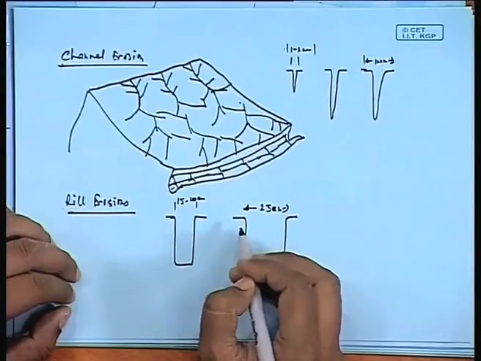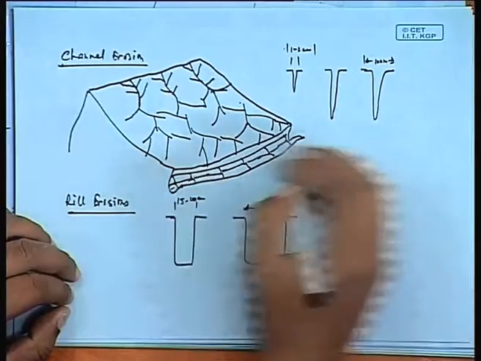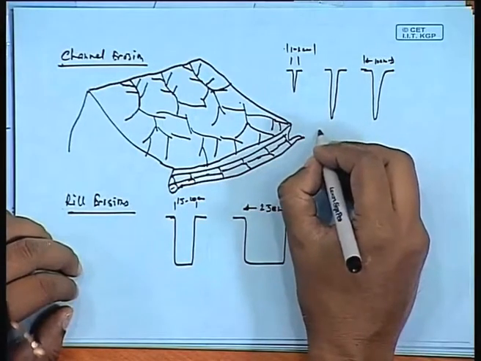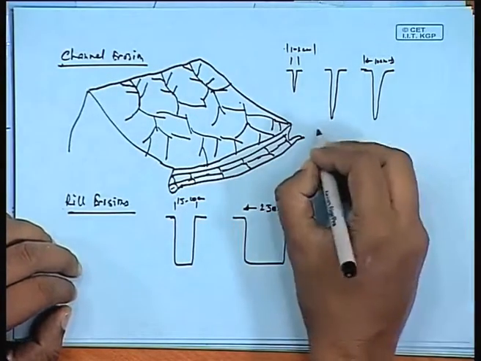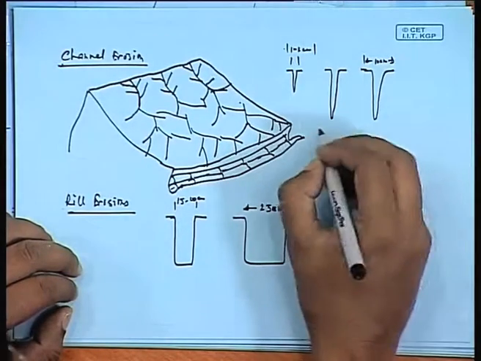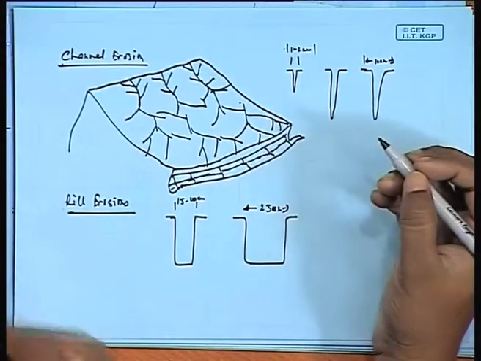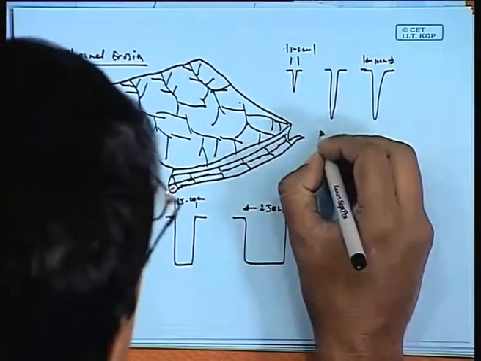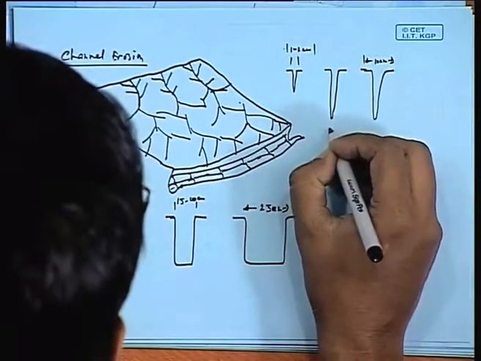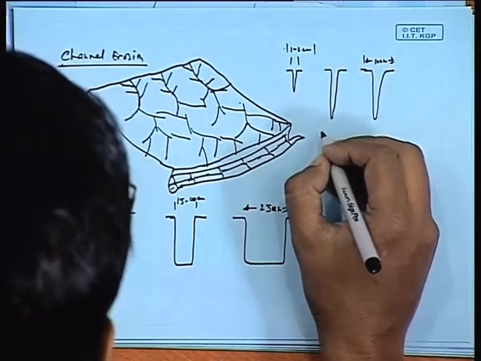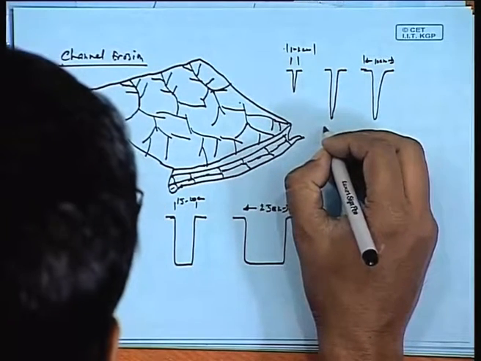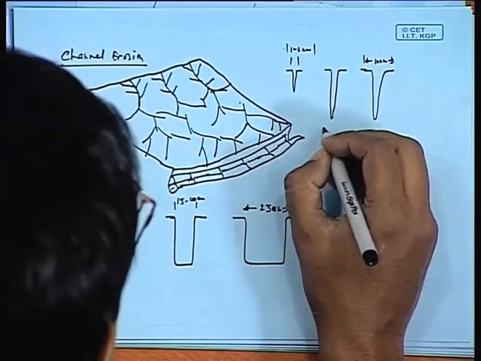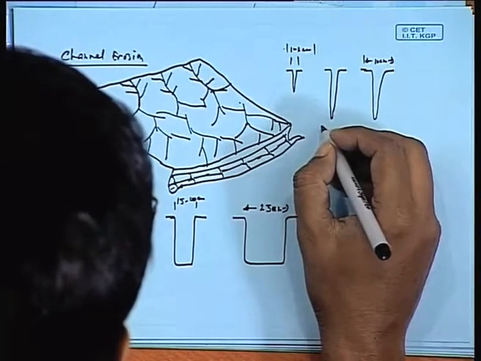Rill erosion is, these channels become deeper. You can write down here: channel erosion is the first form of erosion that begins in a soil plane.